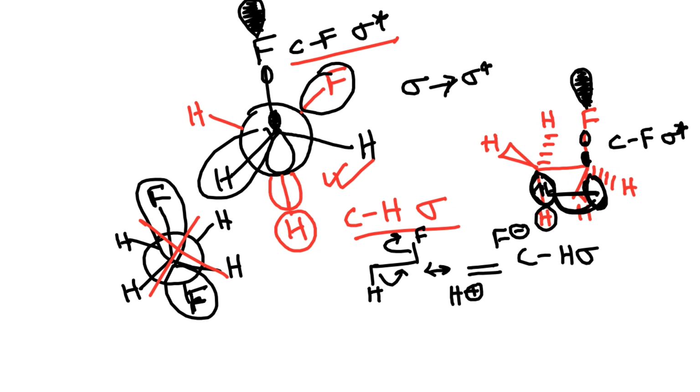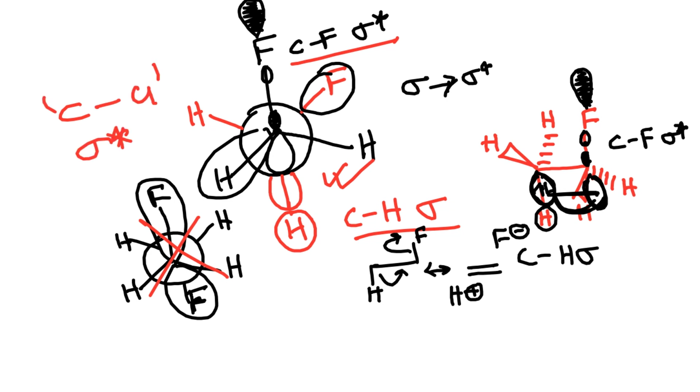Now, if we talk about the chloro compound, the 1,2-dichloro compound, some sort of this interaction is present there, but it is less, because the Cl sigma star has relatively higher energy.